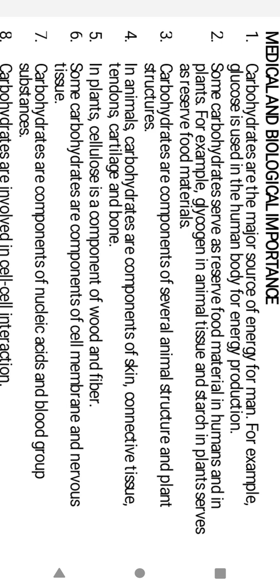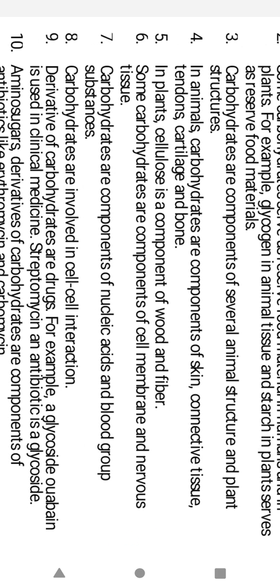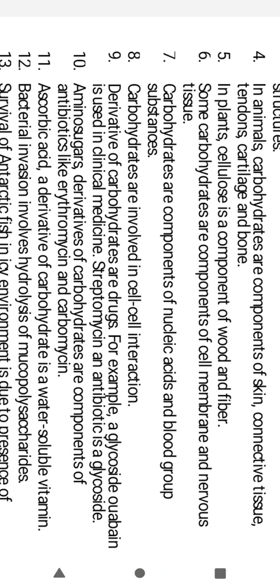Carbohydrates are components of several animal and plant structures, and are components of skin, connective tissue, tendons, cartilage, and bones. In plants, cellulose is a component of wood and fiber. Some carbohydrates are components of cell membranes and nervous tissue. Carbohydrates are components of nucleic acids and blood group substances involved in cell to cell interaction.